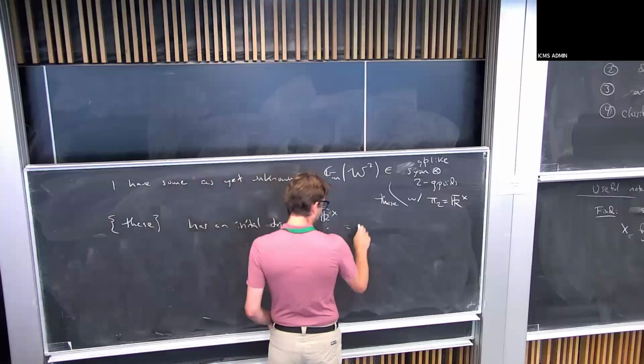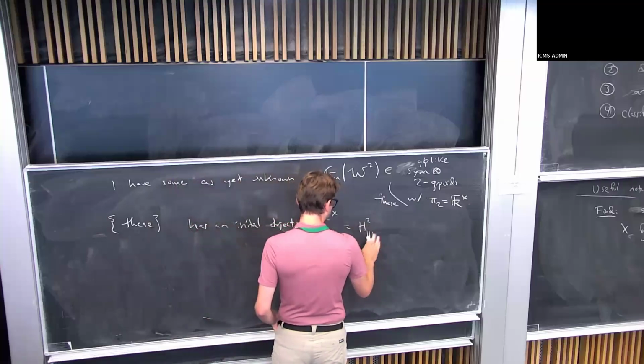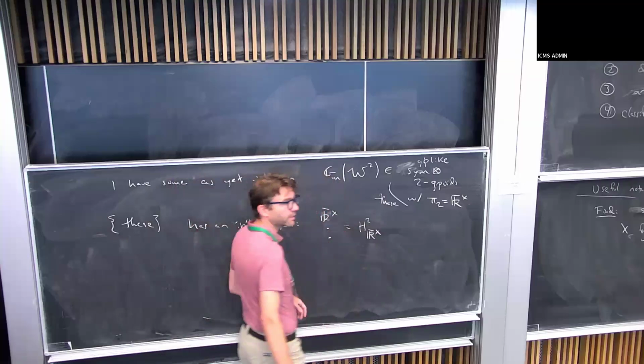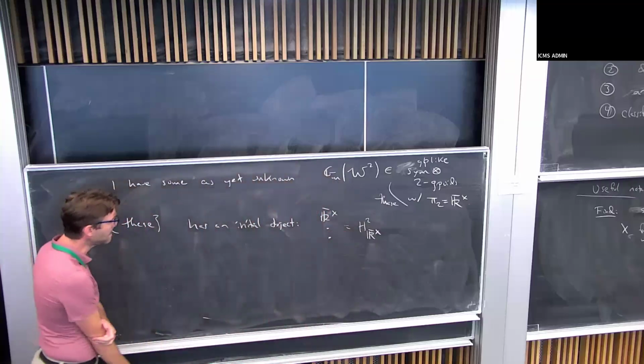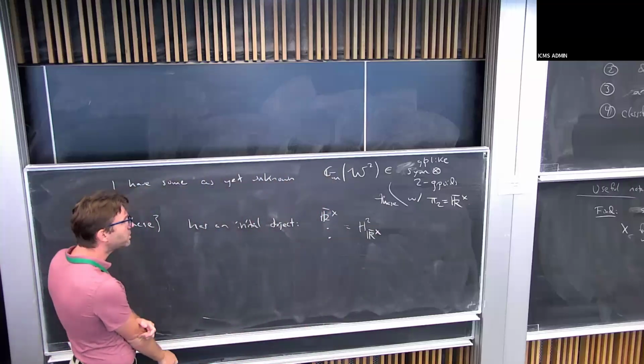You might call it H2 with coefficients in k cross, if you want. And it almost has a terminal object.